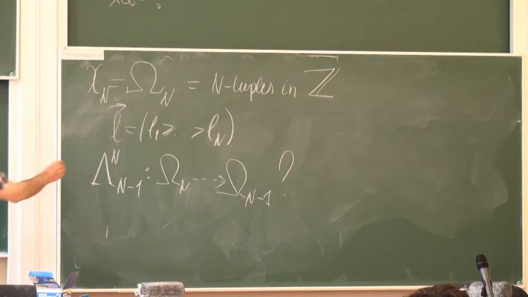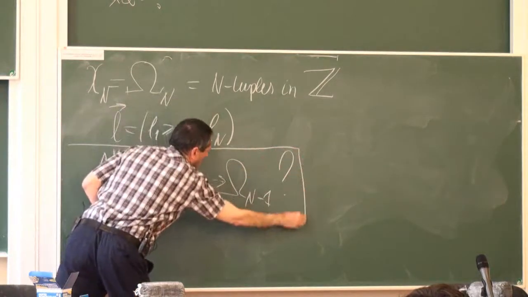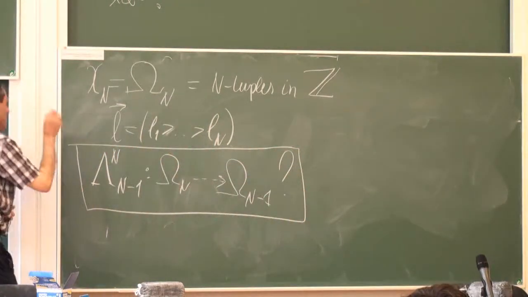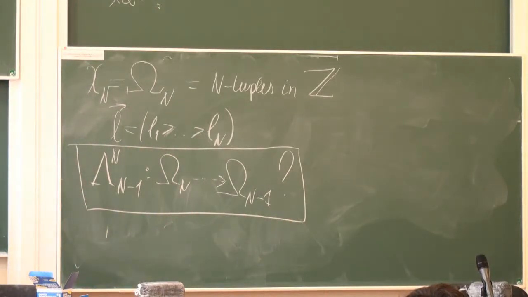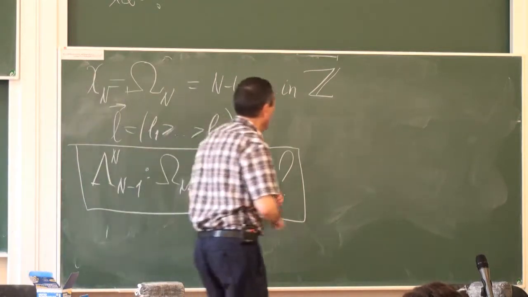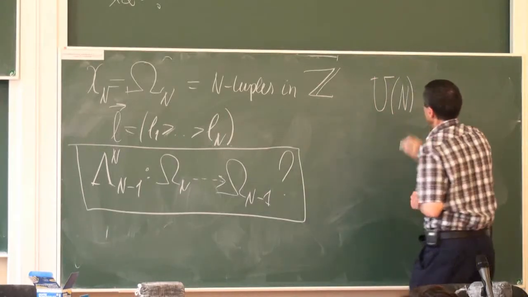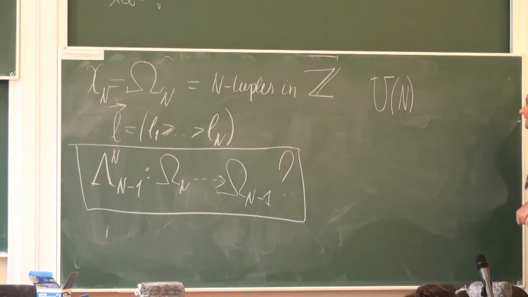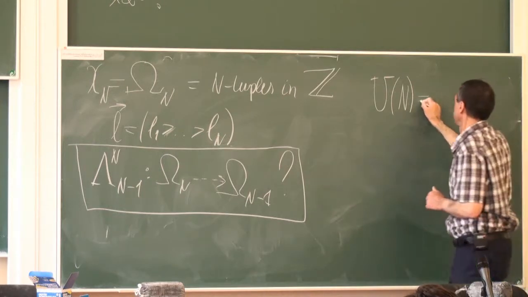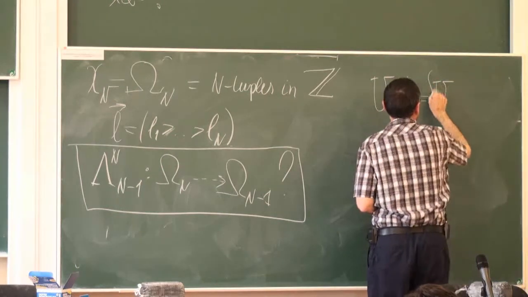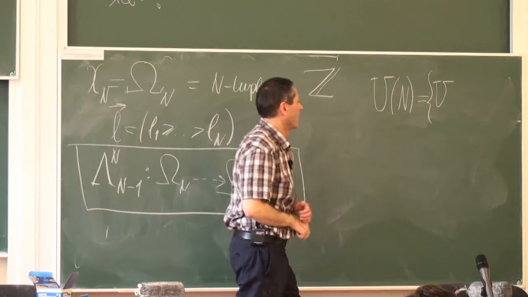Here we use some suggestions which come from representation theory. Consider the unitary group of degree n, which is the space of unitary matrices n by n.